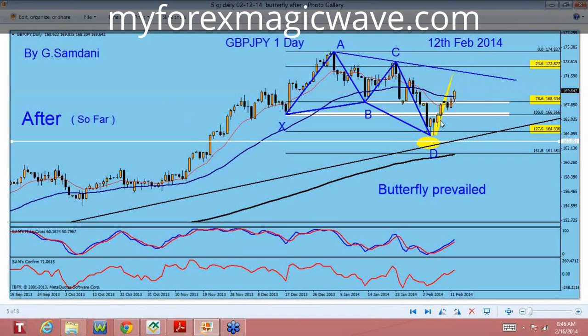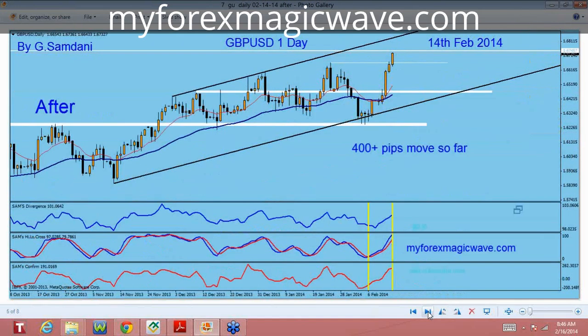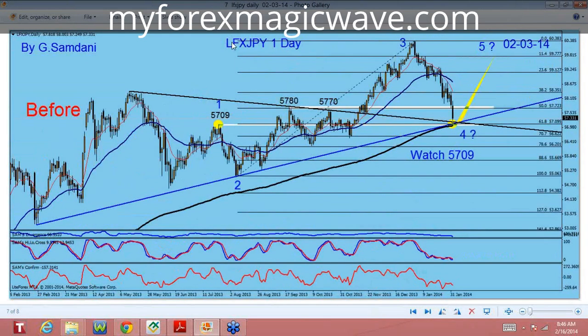Another reason for this pair to go up was I also showed that chart, sent out that one. This is the yen index, individual index, yen currency. It's not a pair. It's just a single currency index. It shows how the yen is doing. You can see that we've been here with a big triangle, and we played this triangle very well for months and months, and then we went up all the way and we were coming down.